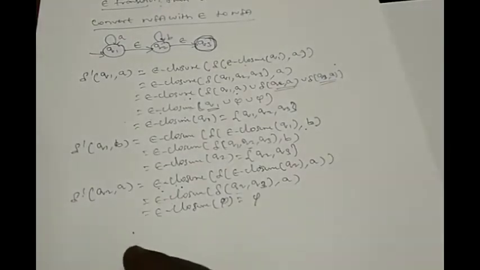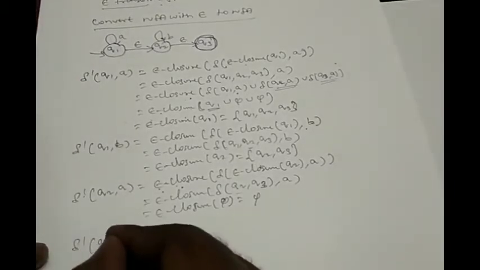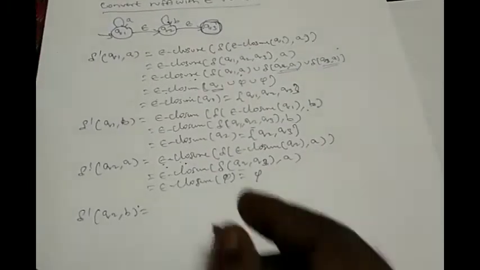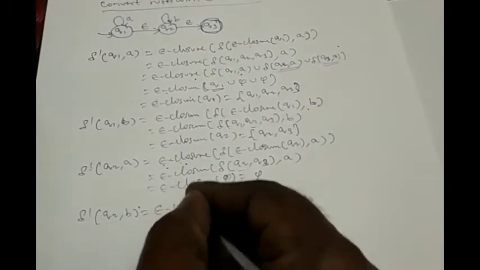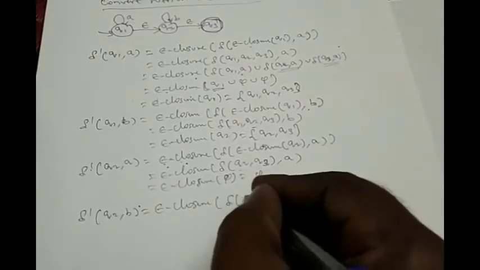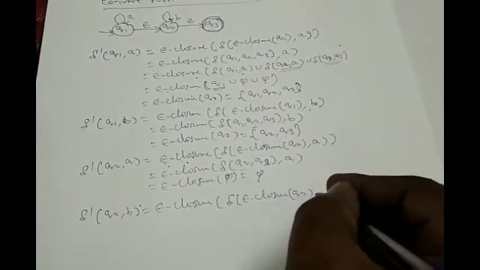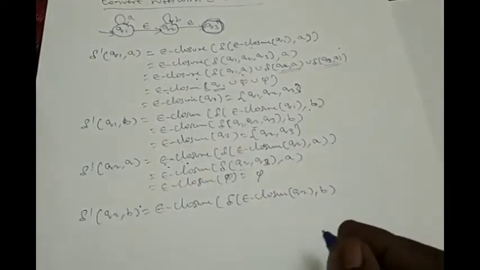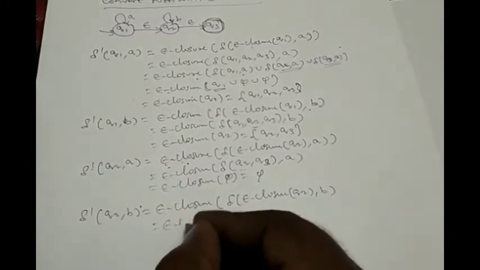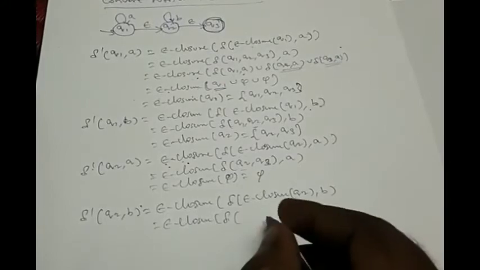Now I go to the next one, delta dash of Q2 comma B. You get epsilon closure of delta of epsilon closure of Q2, and you apply B here. What is epsilon closure of Q2?